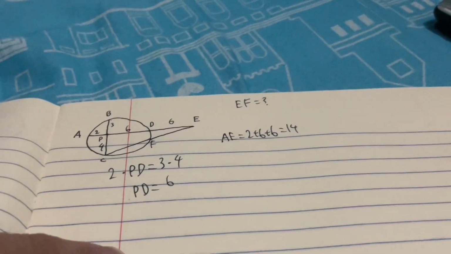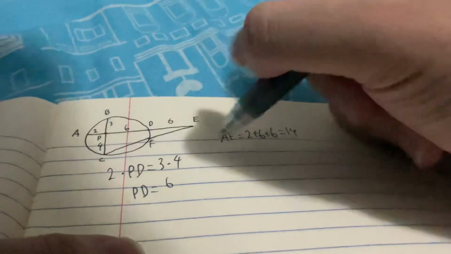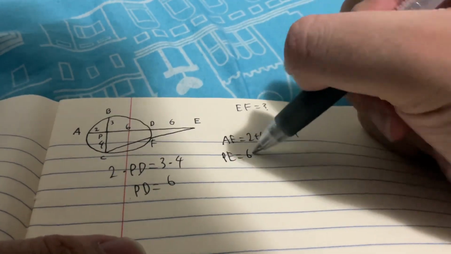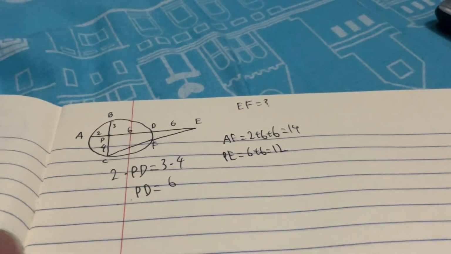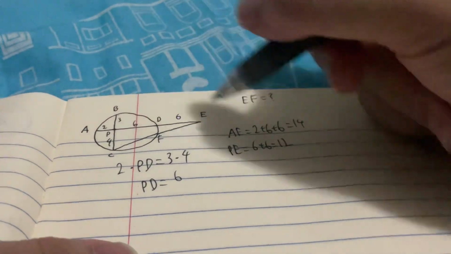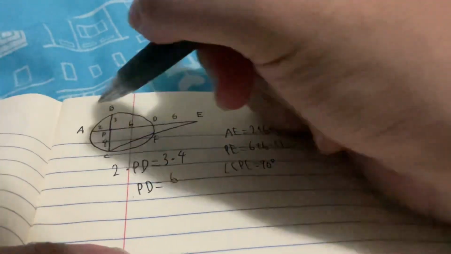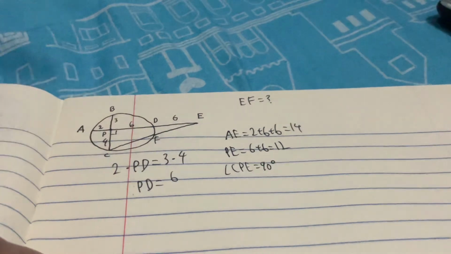To find the value of CE, you can see our PE is equal to 6 plus 6, which is 12. And then we know our PC is equal to 4. And here, the angle CPE is equal to 90 degrees because of the definition of intersecting chords, which makes this angle 90 degrees.